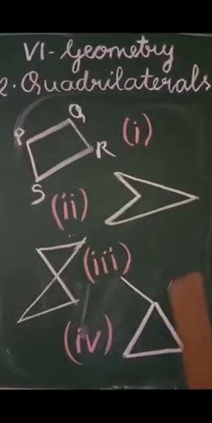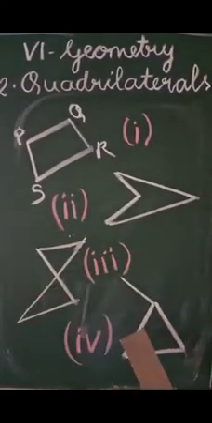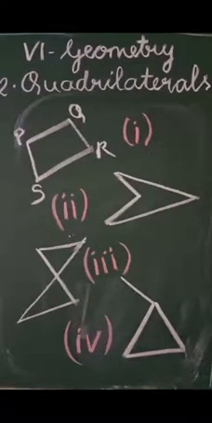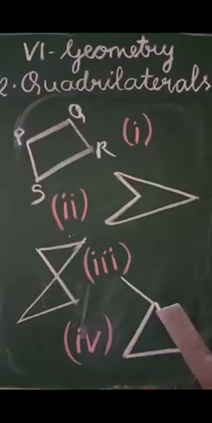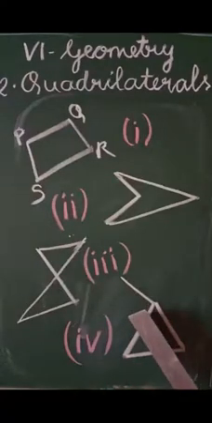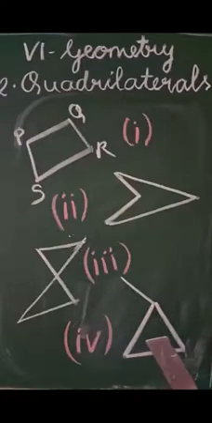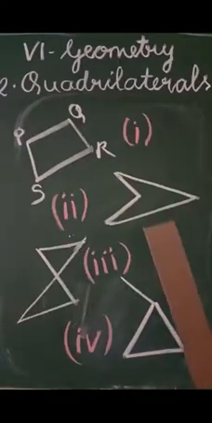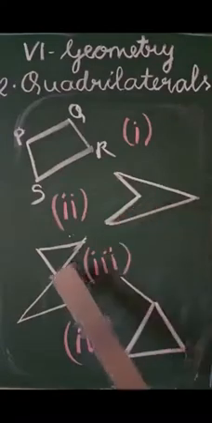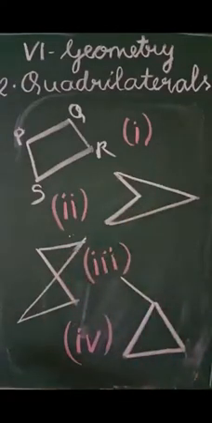If you see figure 2, figure 3 and figure 4, they also have 4 sides. But look at figure 4, one side is open. Yes, so it is not a quadrilateral. A quadrilateral should be a closed figure. Now if you see, these have 4 sides and they are closed figures. Then why are they not quadrilaterals?